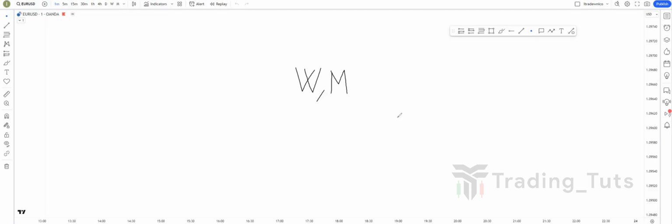So let's say, for example, right here we have a market structure like this. And exactly right here, close the wick. And in this case, let's say that's a bearish candle.